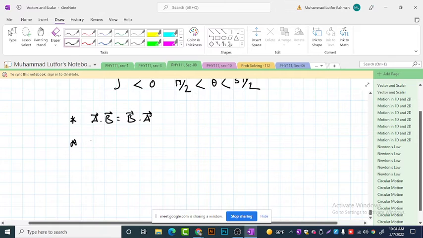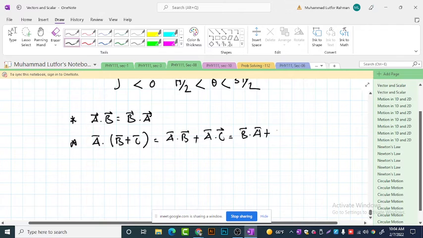There is also the distributive property, which is, we can write a dot (b plus c). We can write a dot b plus a dot c, or I can write this as b dot a plus c dot a, because it's symmetric.